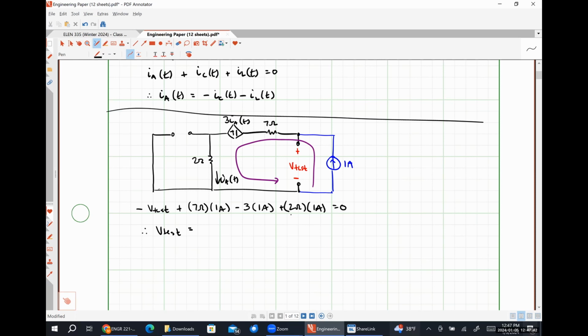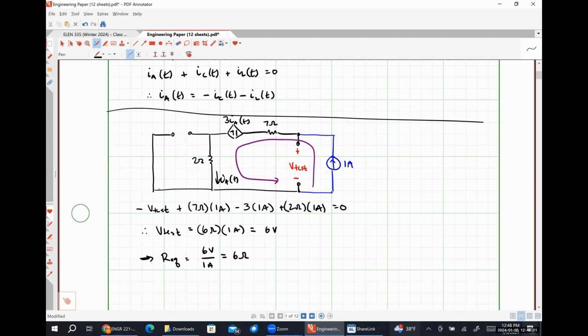So 4 plus 2 is 6 ohms times 1 amp or 6 volts. Therefore, my equivalent resistance is 6 volts over 1 amp is 6 ohms. That's circuit 1 stuff, by the way. Right?